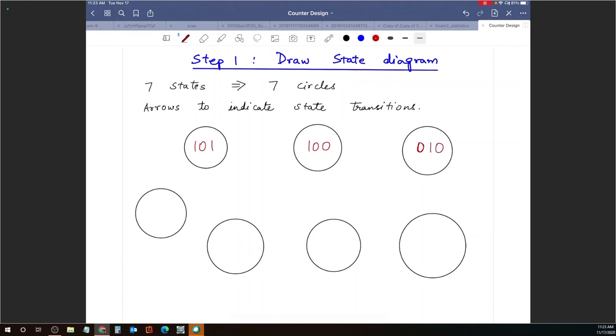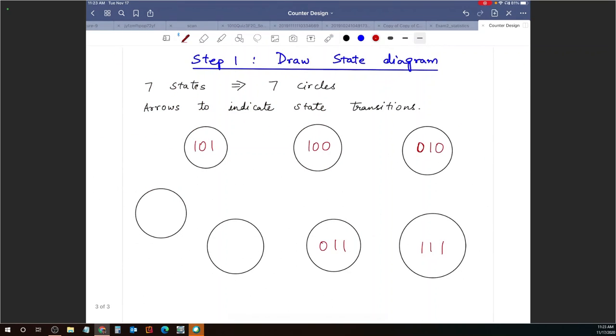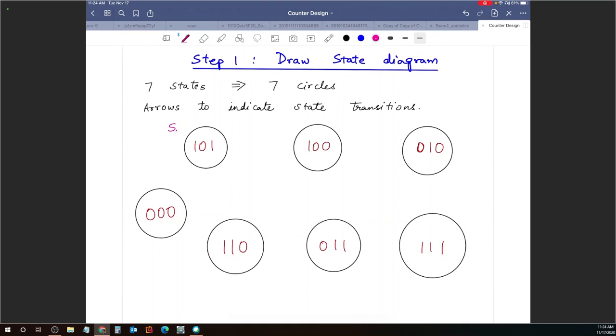What else? 6 and 0. I will also name them state 0, state 1, state 2, state 3, state 4, state 5, and state 6.